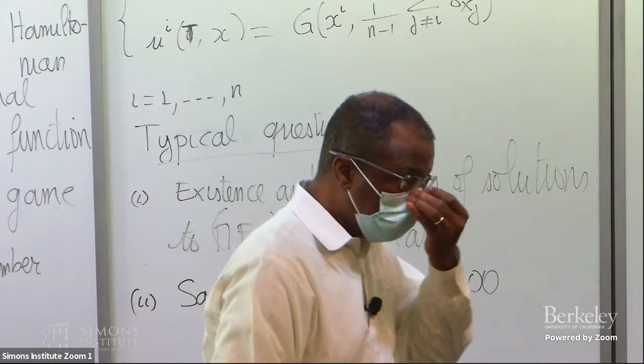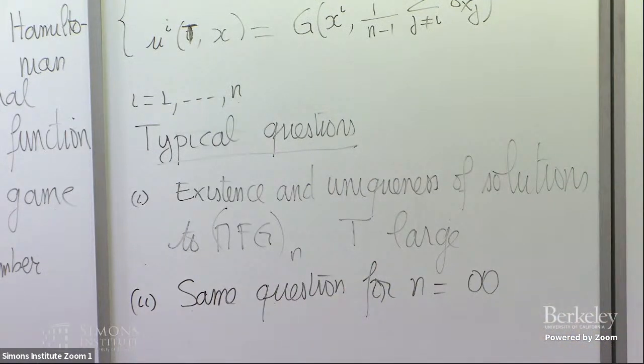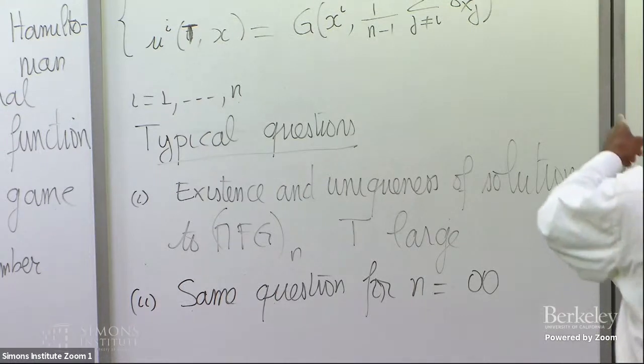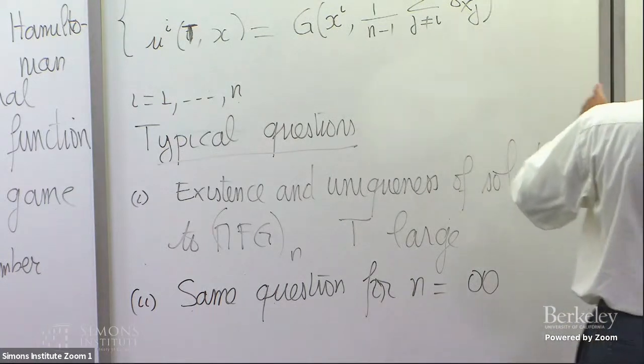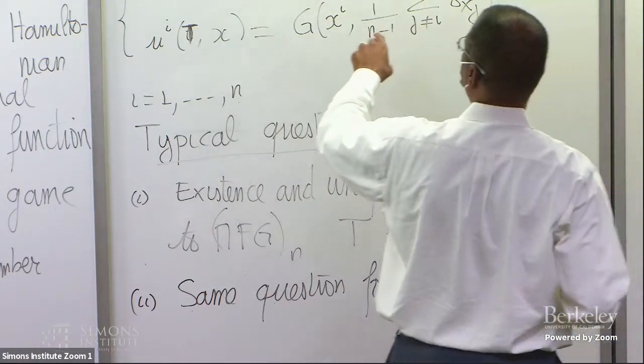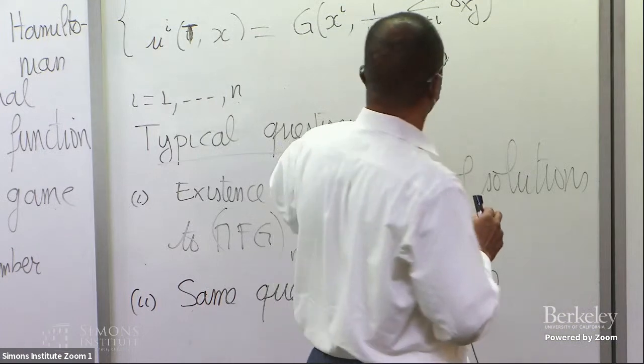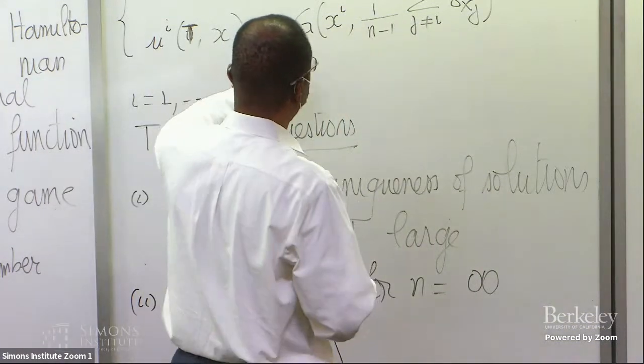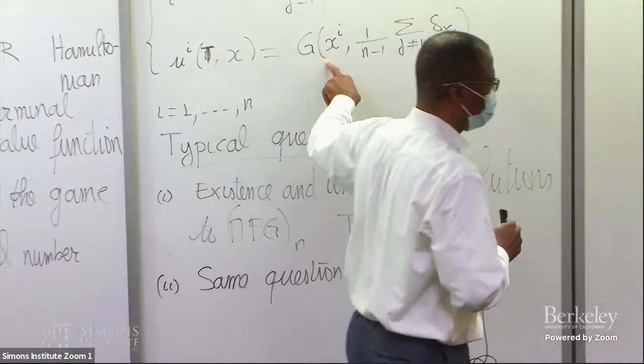Yes? I have one more question. The x superscript i in the second line for the terminal condition, is that the same as the subscript, or is it a superscript? I just want to make sure I understand the meaning of the superscript versus the subscript. Look at big G, first component x sub i.